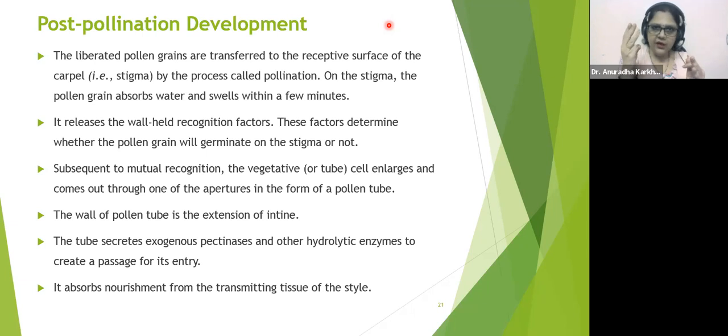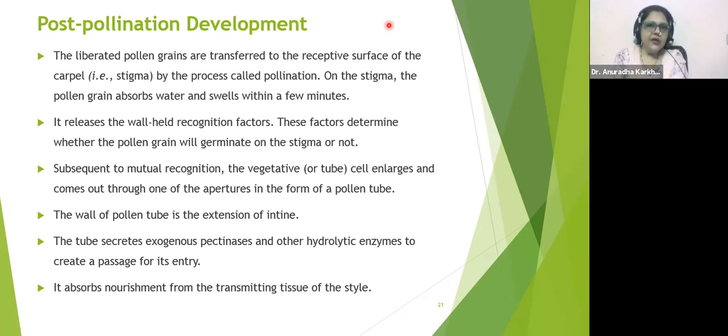There are three things, right, stigma, style, ovary. So the stigma is called the landing platform for the pollen grain. Okay, so once the pollen grain is deposited on the stigma, we call it what? Post pollination. So pollination has already occurred, and now what is going to happen? So let us see.